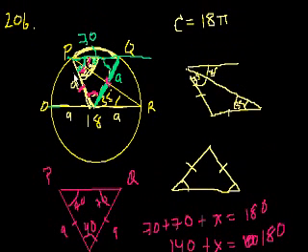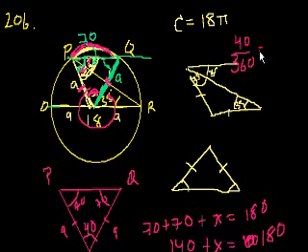So let's go back to the problem. We have to figure out what this arc length is. This angle, which is 40 degrees, over all the degrees in the circle, 360, is going to be equal to this arc length, let's just call it x, over the circumference of the whole circle. And we know that the circumference of this whole circle is 18 pi.